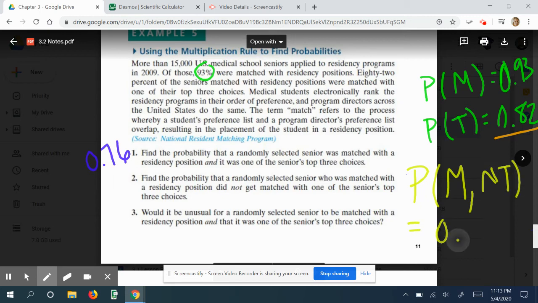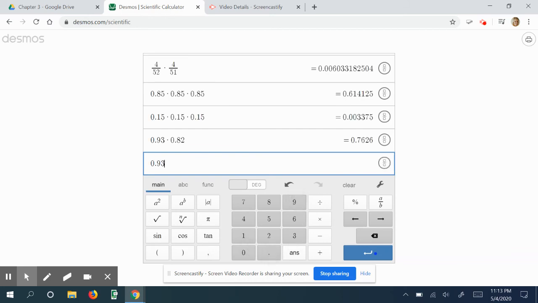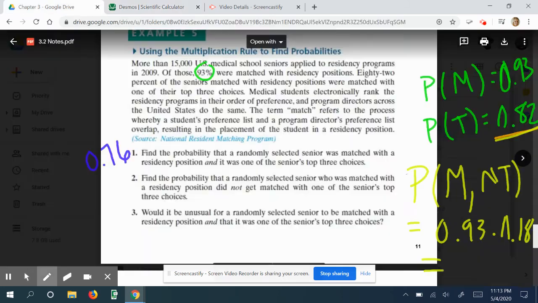So that's going to be 0.93 times, and the probability of not being in their top 3 would be 0.18, right? Because that's 1 minus 0.82. And so we find that, and we look right here, and we'd say 0.93 times 0.18. And that's going to be 0.1674.